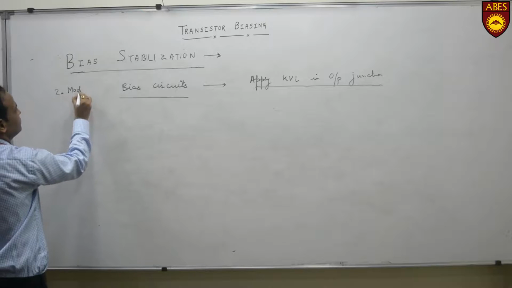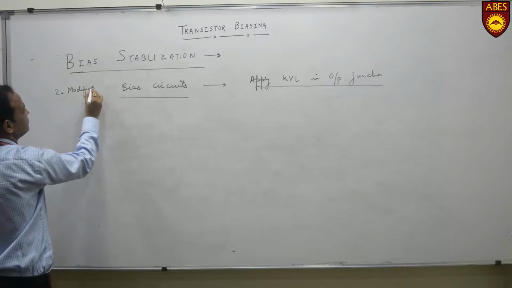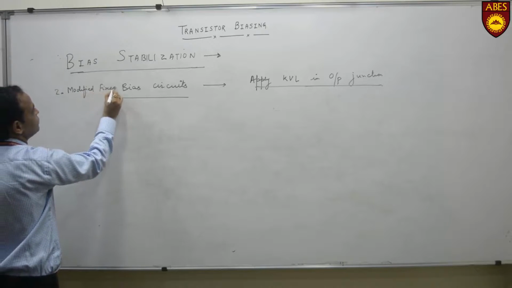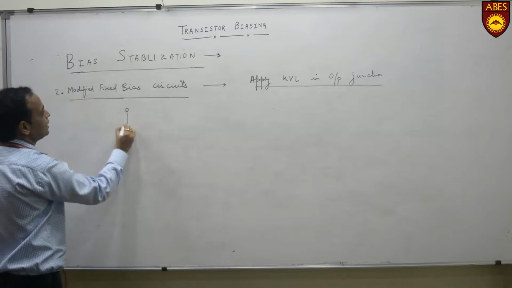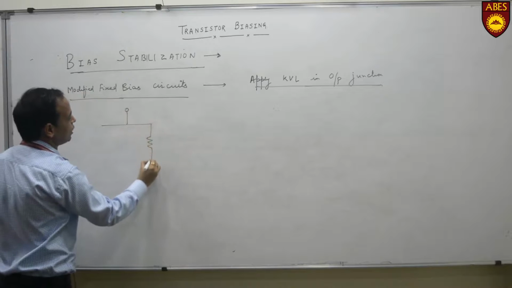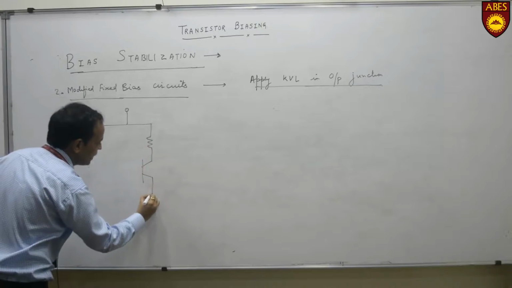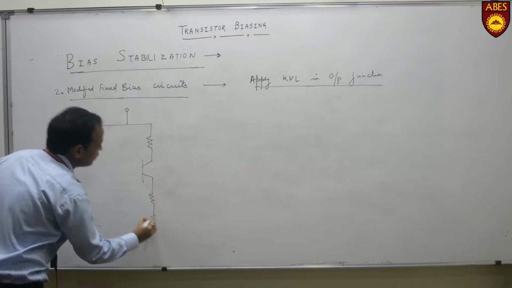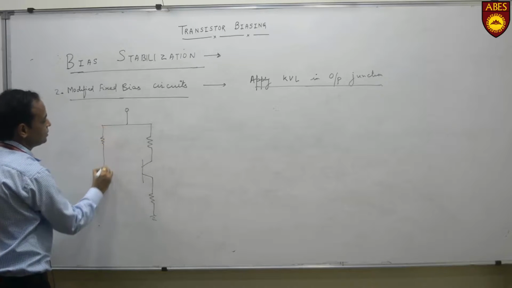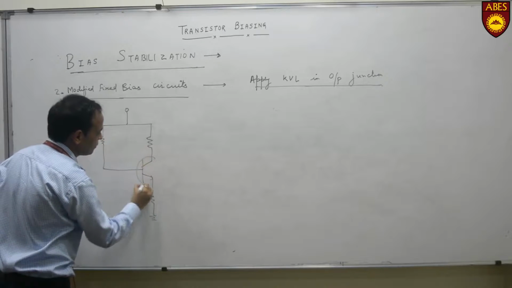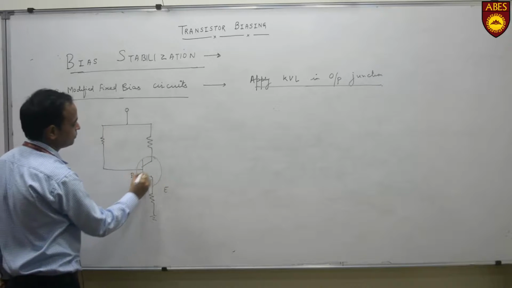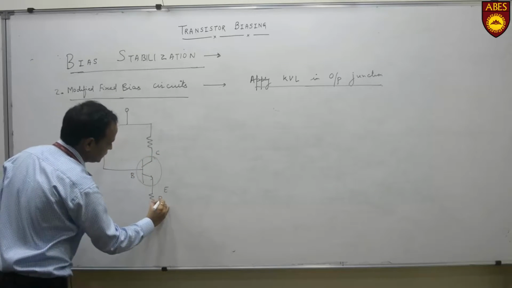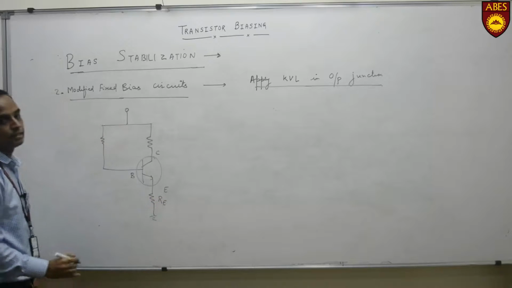That is the modified fixed bias. Now what exactly is the variation that we have done in modified fixed bias? We have simply introduced one resistance across the emitter, which is referred to as emitter resistance.